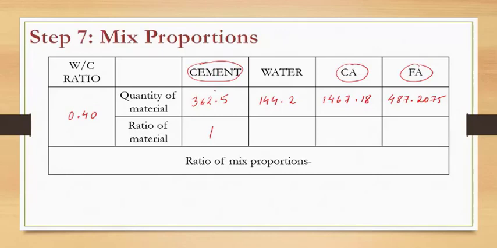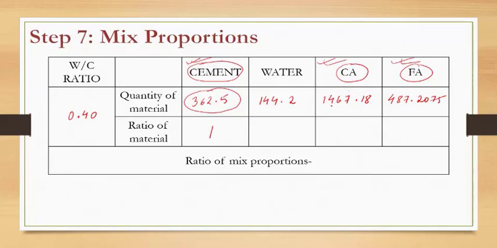Since we get 1 for cement by dividing the cement quantity 362.5 by itself. So always we have to divide the cement, coarse aggregate and fine aggregate quantity by the mass of the cement to get the ratio. We do not have to find this for water because we already know the water cement ratio is 0.4.